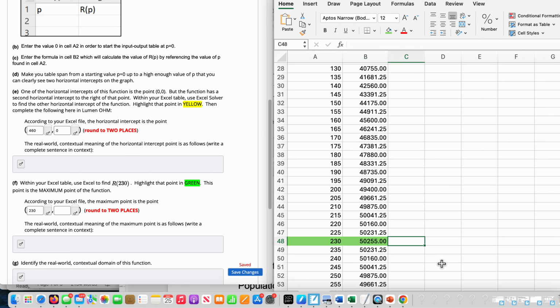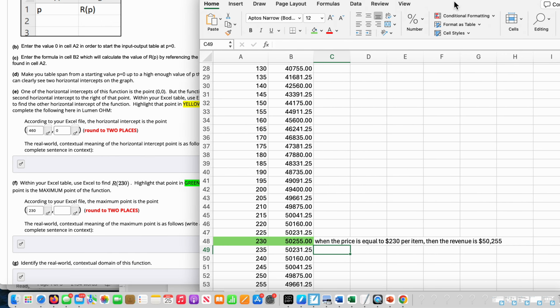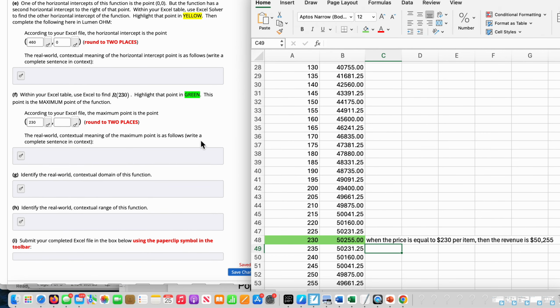Okay, so this says when the price is equal to $230 per item, then the revenue is $50,255. That is how I express it in context.